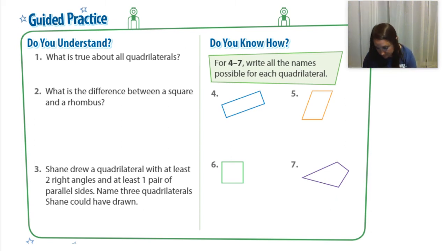Number 6 has a lot of different names that we can call it. I'm going to start off with the biggest, which again is, because it has 4 sides, a quadrilateral. Looking at the number of parallel sides, I see 2 pairs of parallel sides, so I'm going to call that a parallelogram.